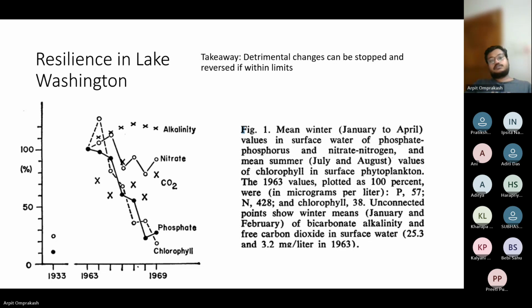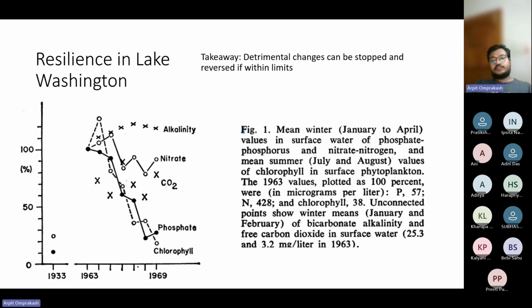The other thing that people showed was, in 1933, before any sewage was put into the area, the concentration of phosphate and chlorophyll was somewhere around, let's say, 10% and 25%. Then after adding sewage, the amount of nitrate, phosphate and chlorophyll increased due to algal blooms.